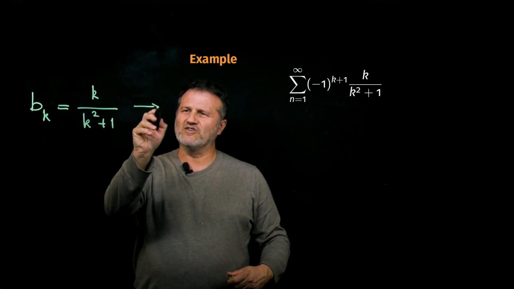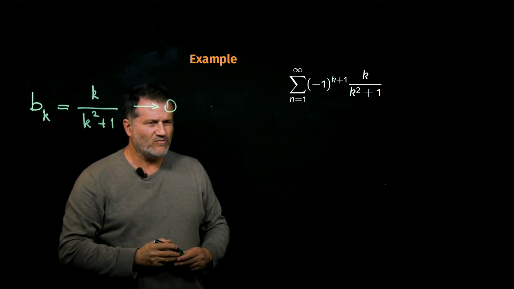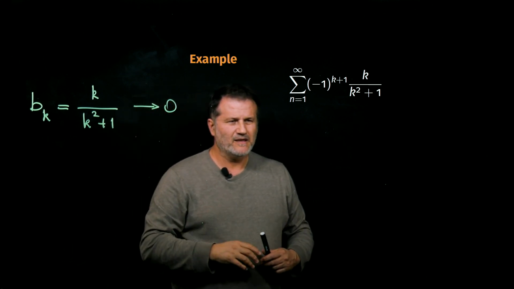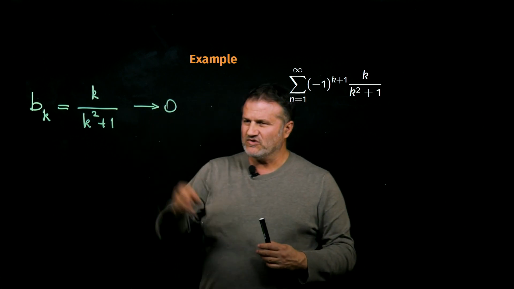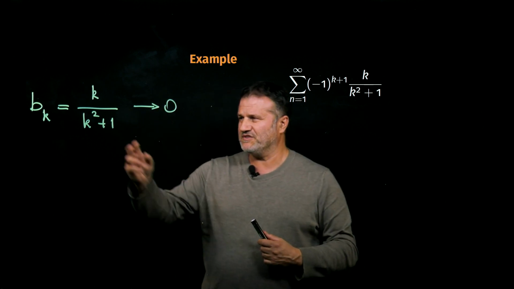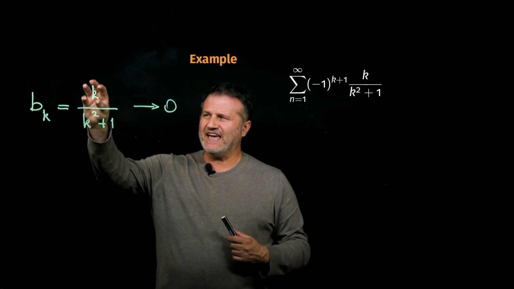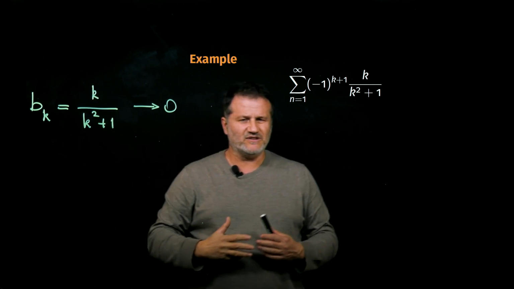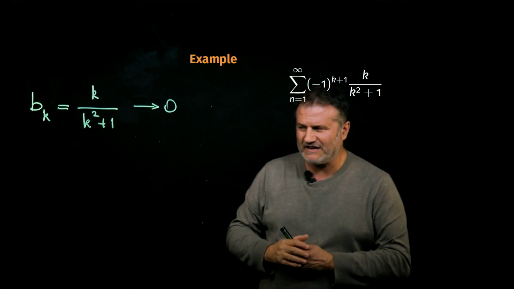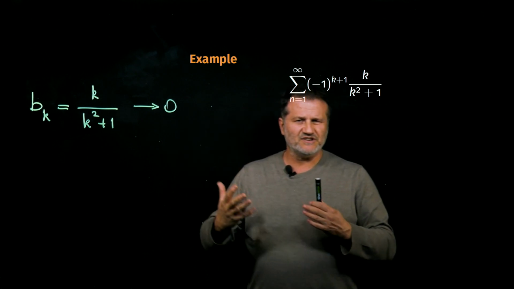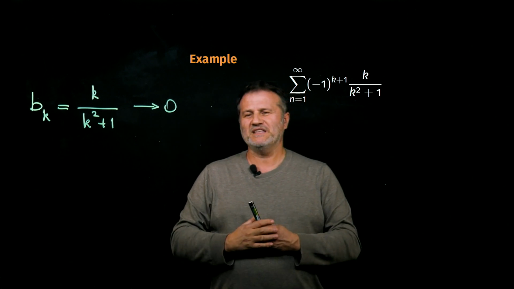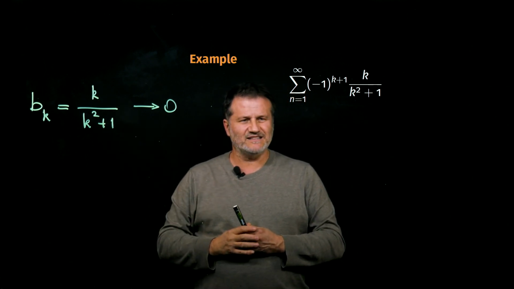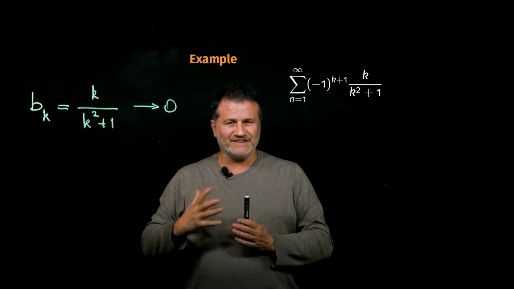Clearly this quantity goes to 0 when k goes to plus infinity, but it is not evident if it goes in a decreasing way to 0, because when we increase k, it increases the numerator, but also the denominator, and it is not clear what happens to the fraction. Now we will illustrate a couple of methods to check that this sequence is decreasing.